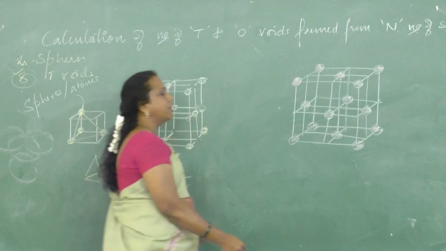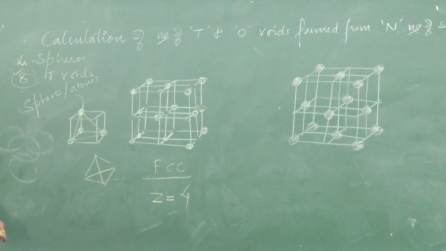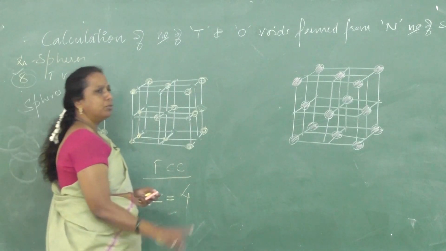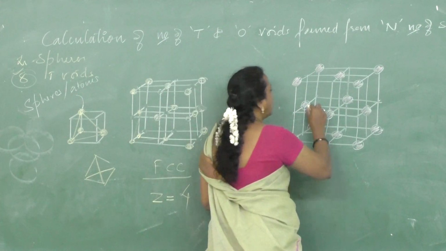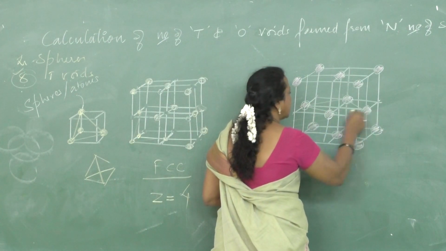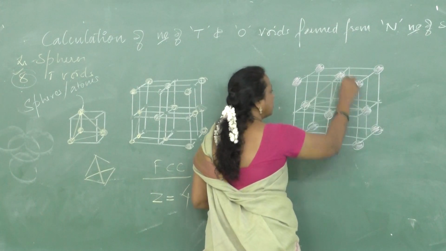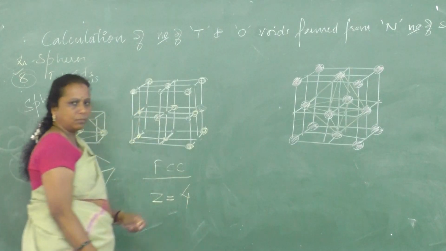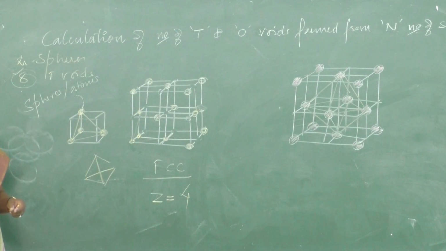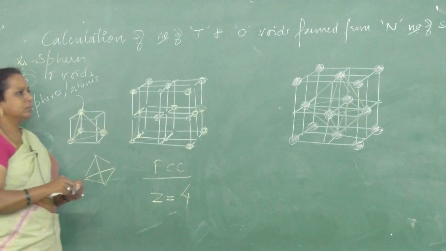Yes, this is FCC lattice, in which I am going to show you one octahedral void. This is the octahedral arrangement of spheres. Can you see? At the center of the cube there is one octahedral void, right?